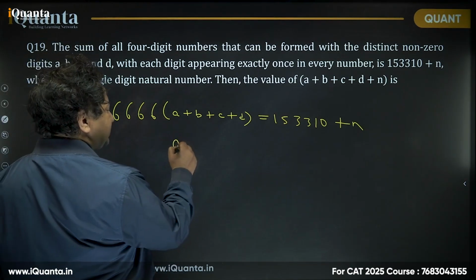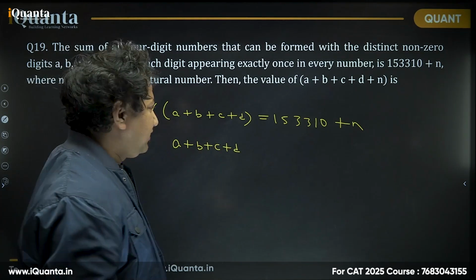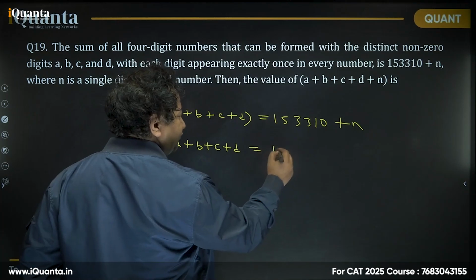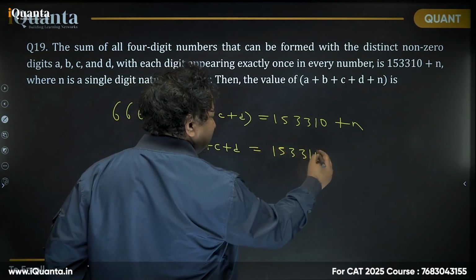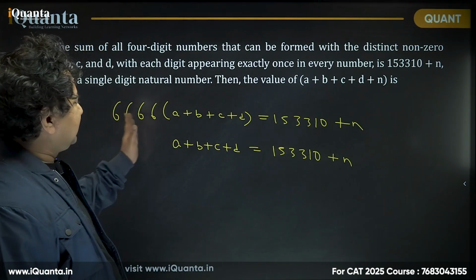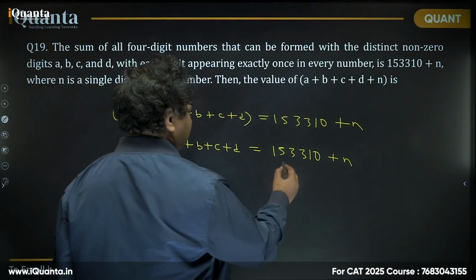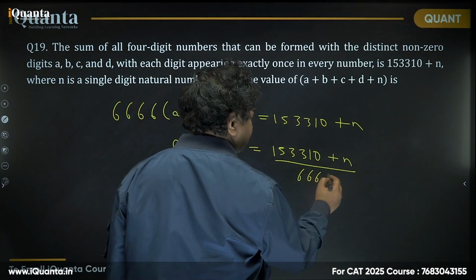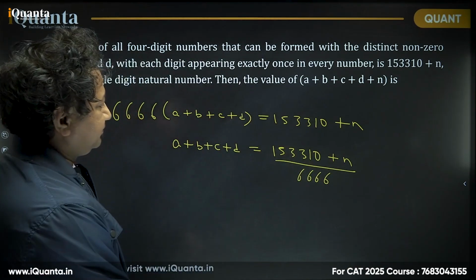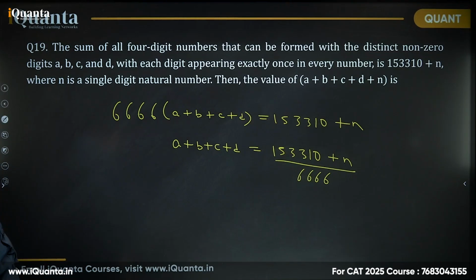Which also means A plus B plus C plus D are natural numbers, so if I divide 153310 plus n by 6666, there should be no remainder. There should be no remainder, right? So how many times do I have 6666 in 153310? That is what I need to find out.